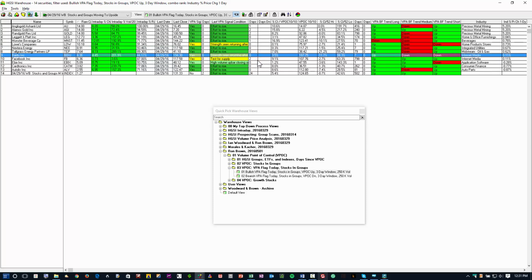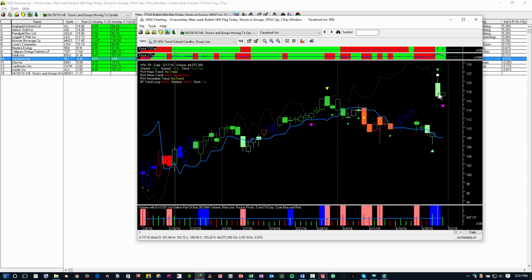Let's take a look here at Facebook. After the gap up, a lot of profit taking, but yesterday it tested for supply on lower volume, and really this is a bullish signal.